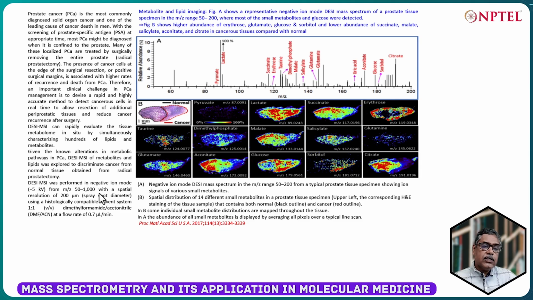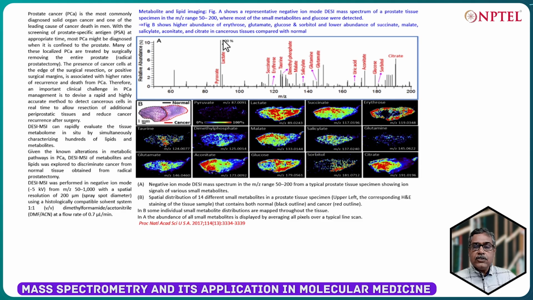The spatial resolution is about 200 micrometers, the spray spot diameter. A histopathology-compatible solvent system, 1:1 volume by volume dimethylformamide and acetonitrile, DMF:ACN 1:1, is used to provide the solvent jet on the tissue, and a flow rate of 0.7 microliter per minute was maintained.